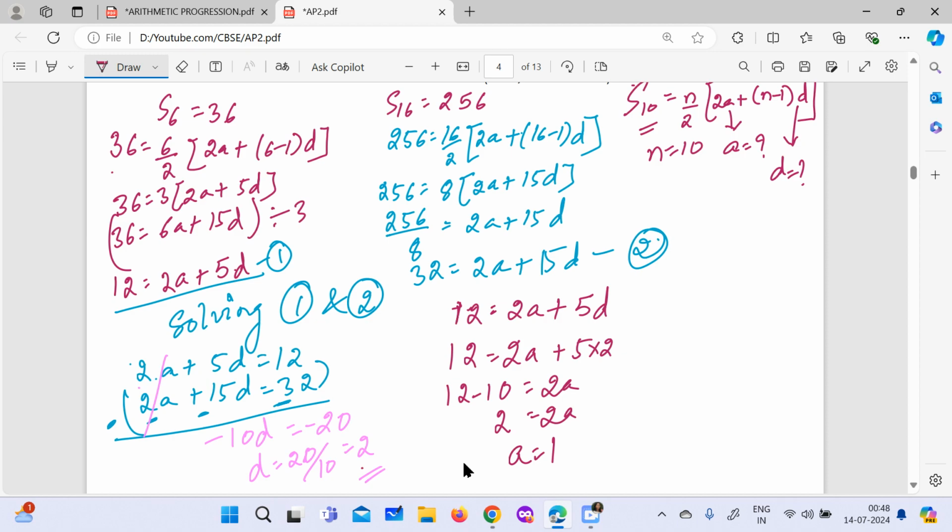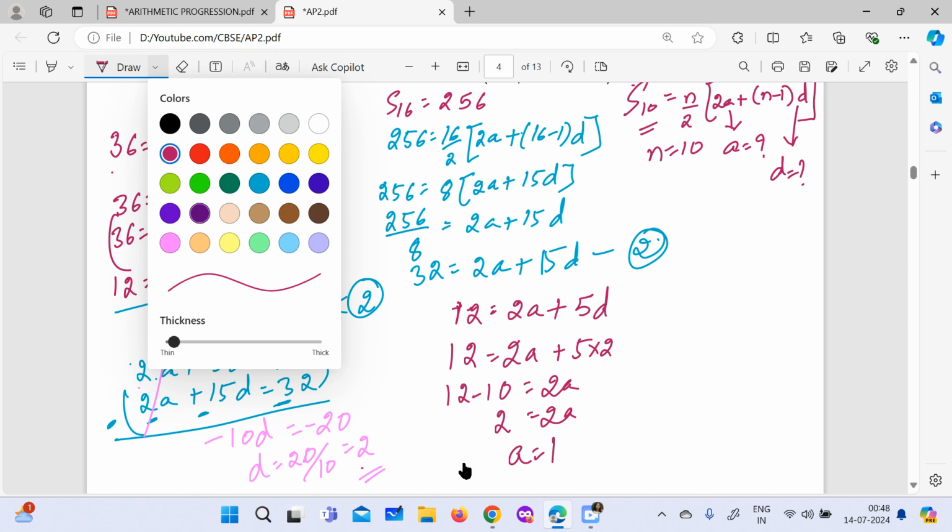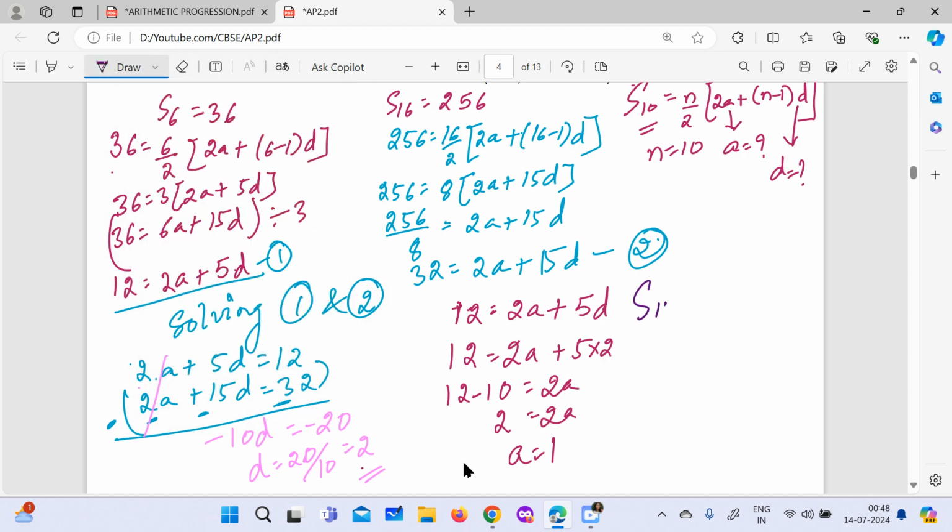So we can find out the sum of first 10 terms. So let's work on this now. S10 will be 10 over 2, 2 times a, which is 1, plus 10 minus 1 into d, which is 2. Now we can work on this.